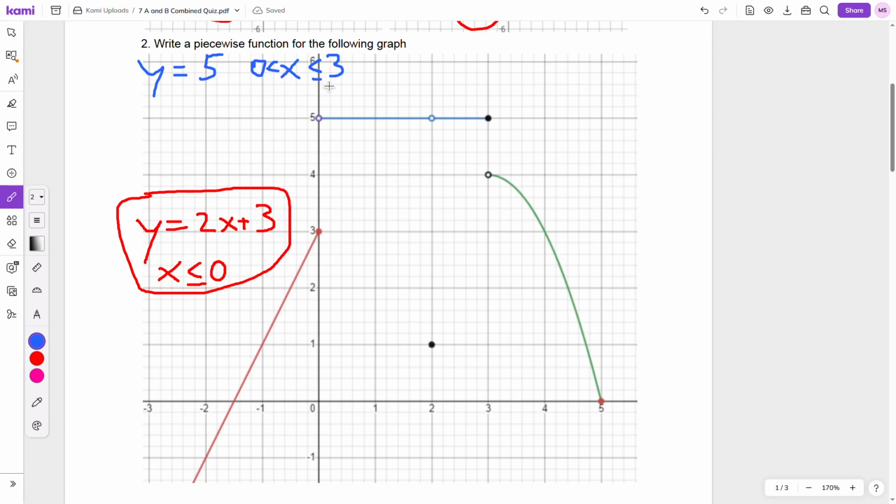The 3 is included, so I have to put a little line underneath. And then we have to say, comma, except at x equals 2. Or you can also say x does not equal 2.